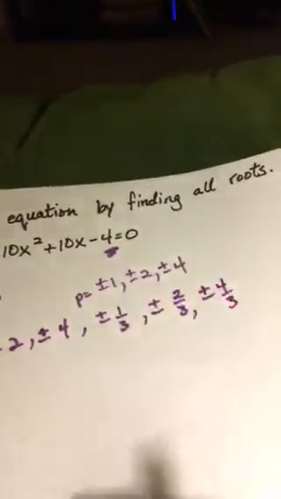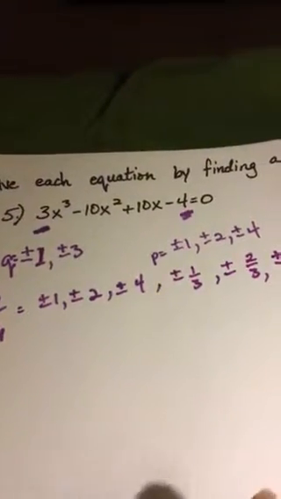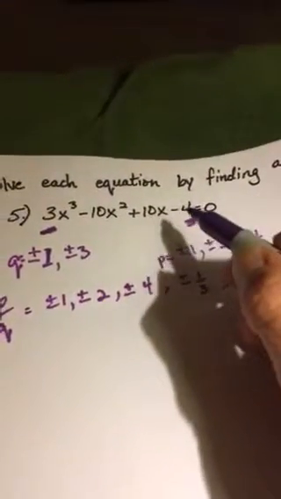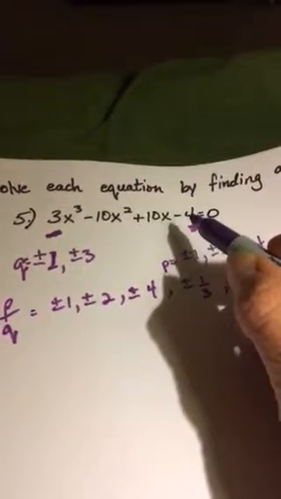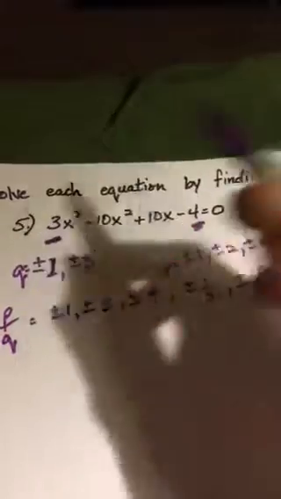So those are the possible rational roots that we get from using the rational root theorem. This one, all the factors over the possible factors of this first one here.